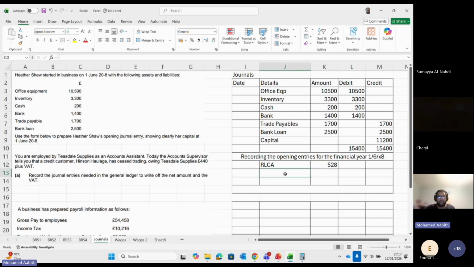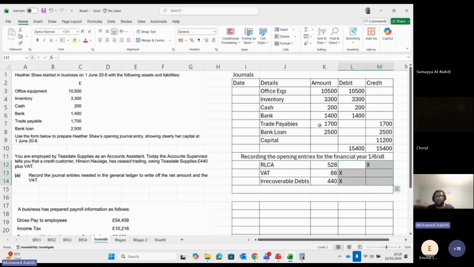So when you do that, that amount has to be credited to the RLCA, so the amount is removed. And the VAT account will have 88 pounds debit. And lastly, we have the irrecoverable debt account, and 440 pounds, that will be a debit.